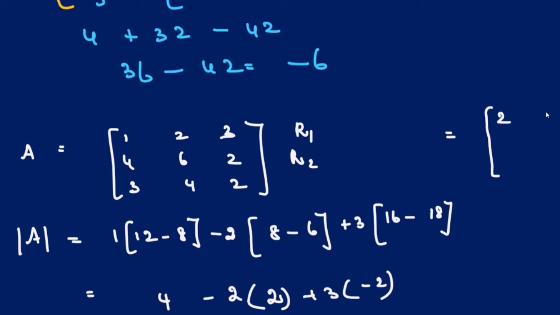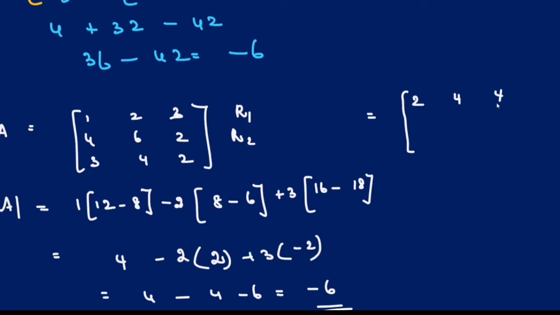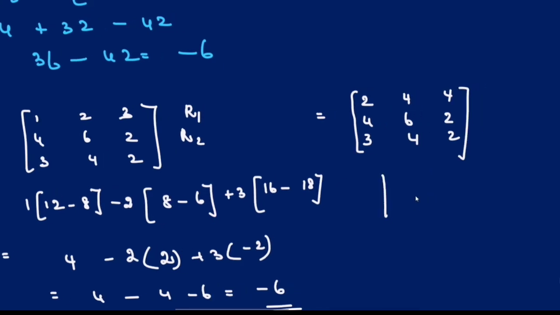So what happens? It will become 2, 4, 4. The second row I am not doing anything, only one row I multiplied by 2. So what happens to the determinant value? The determinant value will now become minus 12. Why will it become minus 12?